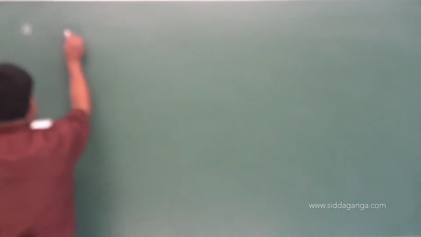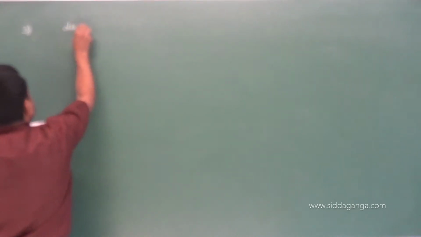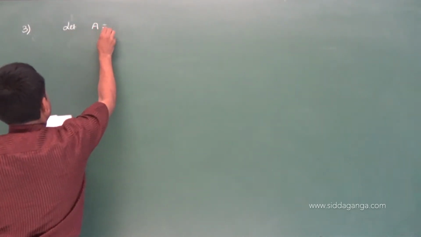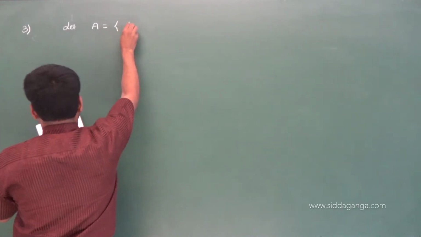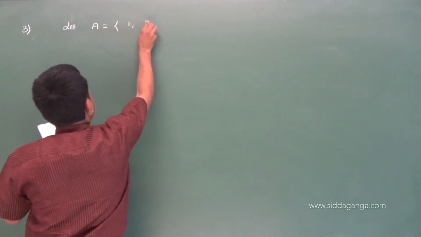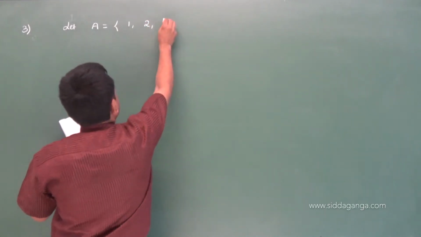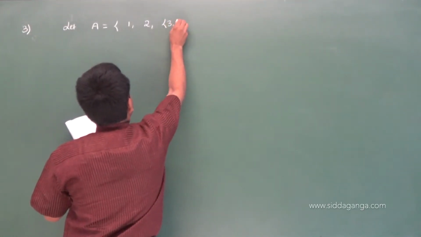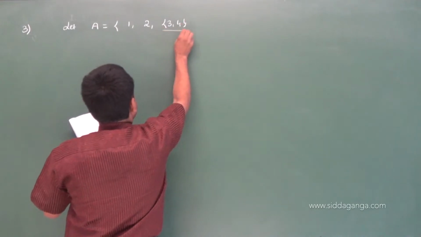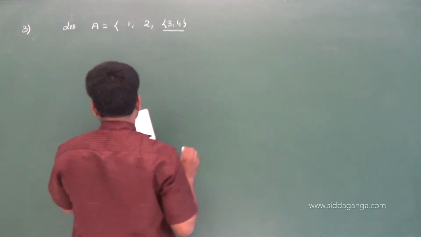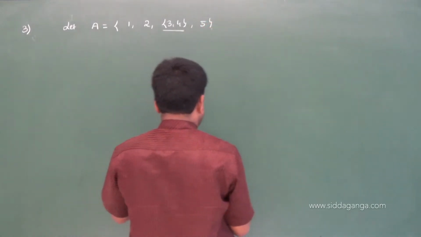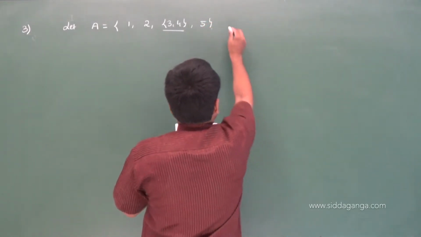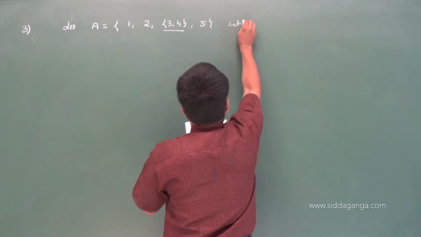Third main. Let A be a set containing the elements 1, 2, very important question, {3, 4}, this is also an element, okay, this is also an element, and 5.